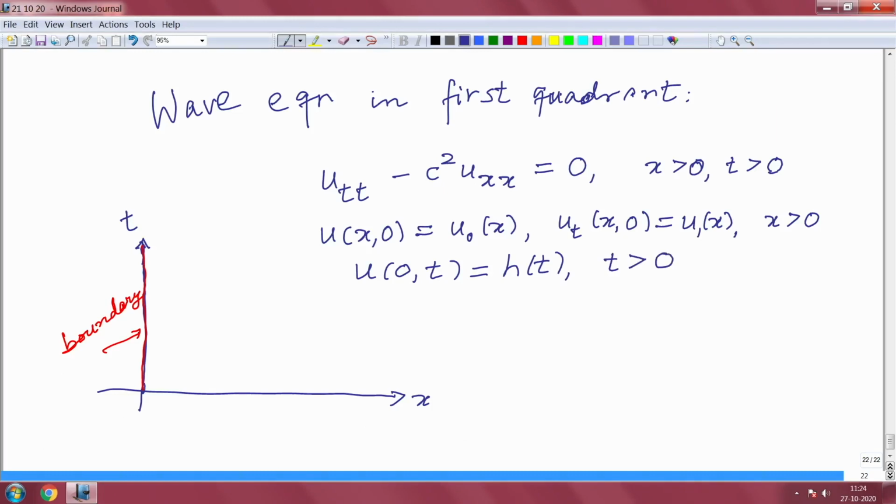Such problems are referred to as initial boundary value problems.